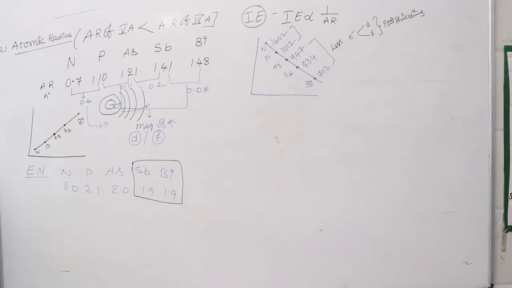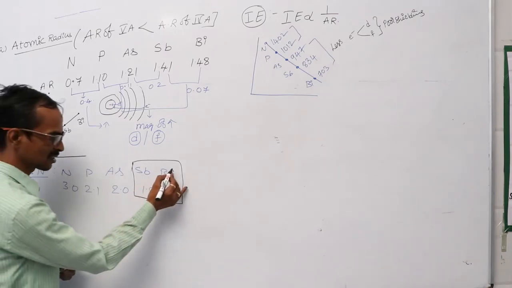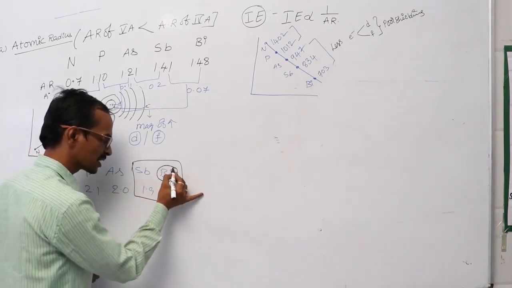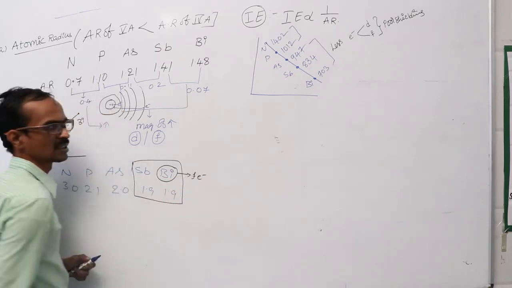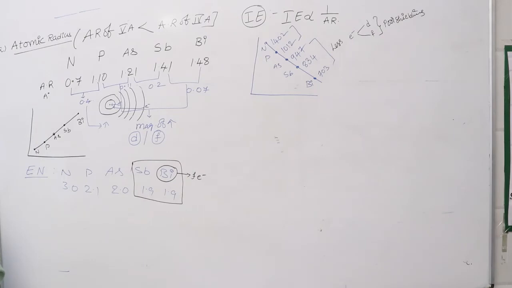What is the reason? That is due to the presence of f electrons in bismuth. Due to the poor shielding effect of the f electrons in bismuth, they have almost equal electronegativity values.